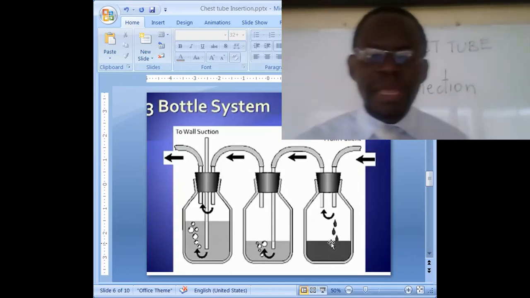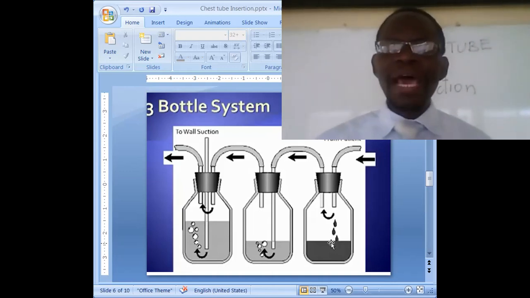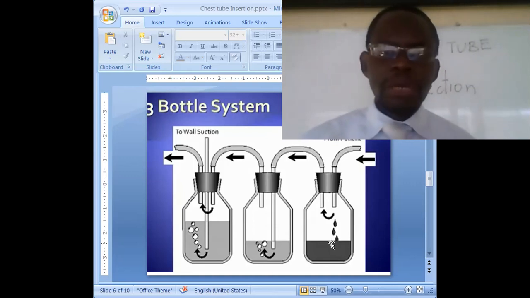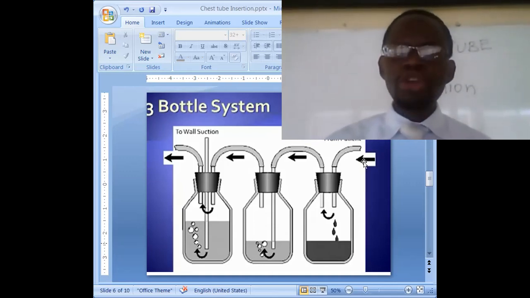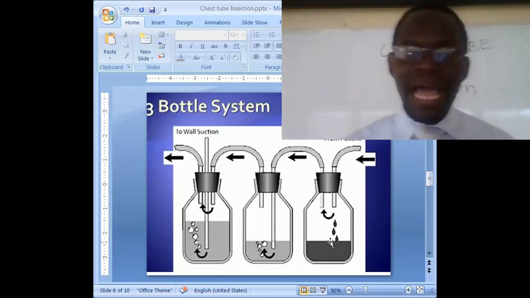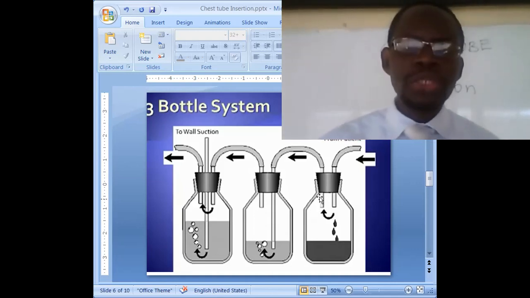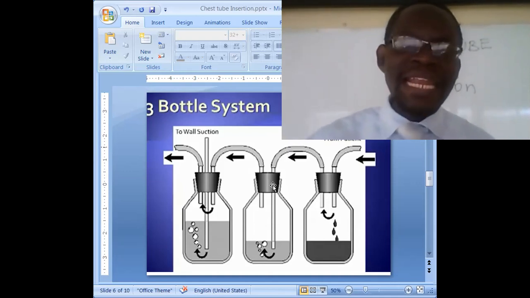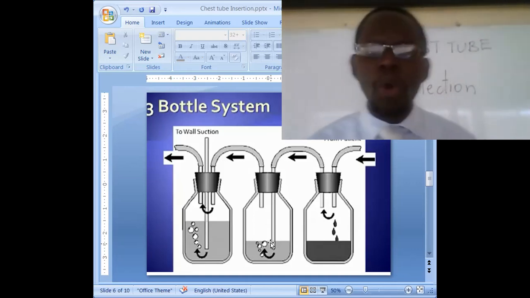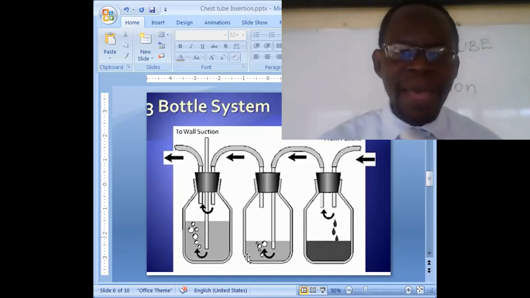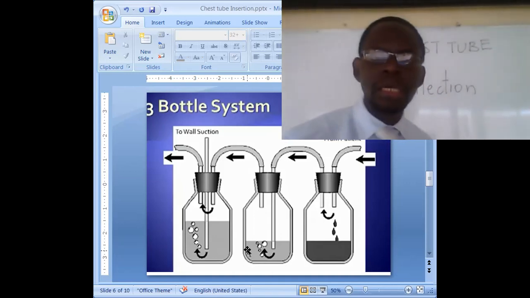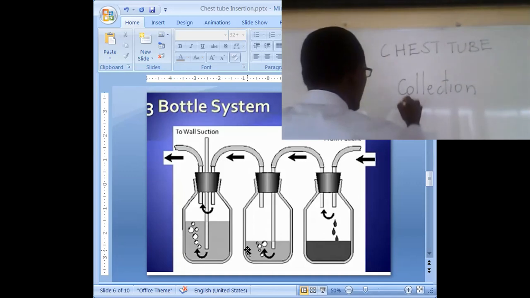Now, remember, you might also have air, pneumothorax. The air is not collected in the collection chamber; the air escapes, goes through this tube, and then it bubbles and dissolves into the water. This second chamber is what we refer to as the water seal chamber.